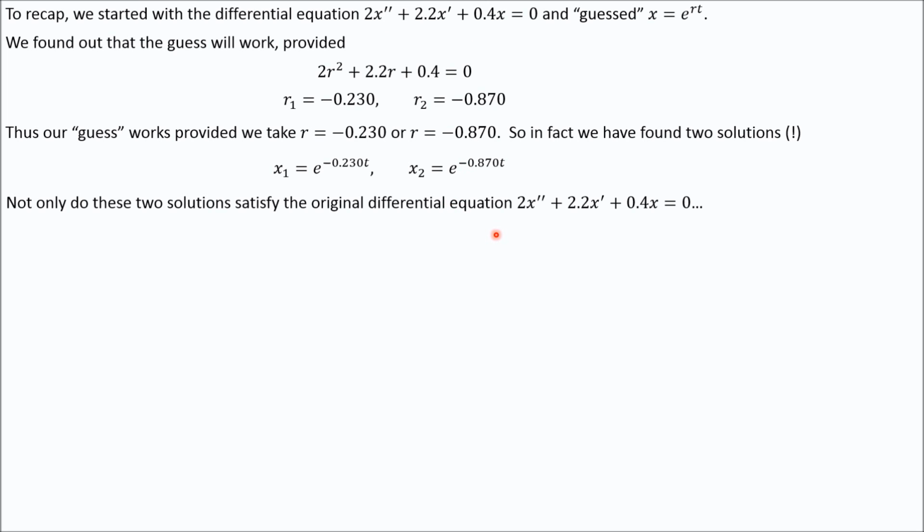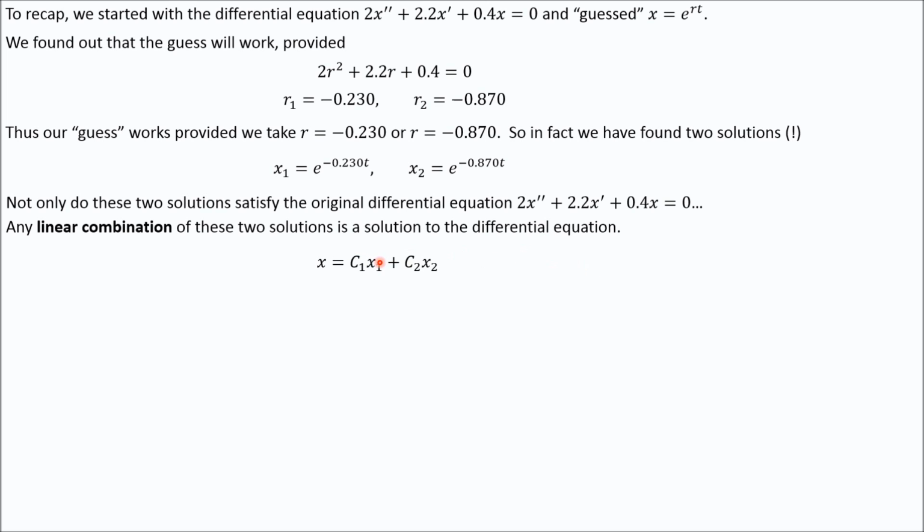And not only that, but any linear combination of these two solutions is also a solution. What do I mean by that? I mean that we call this solution x1 and we call this solution x2.